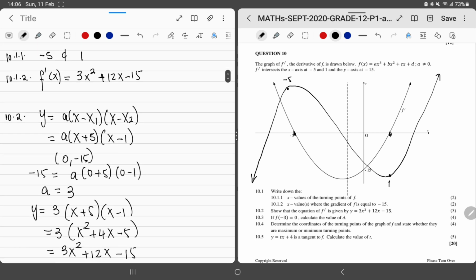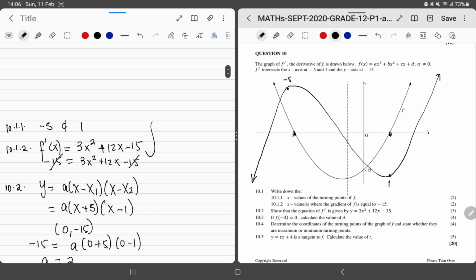They're saying the gradient must be equal to -15. So 3x squared plus 12x minus 15 equals -15. This takes care of that, so I am going to be left with 3x squared plus 12x, which is equal to 0.